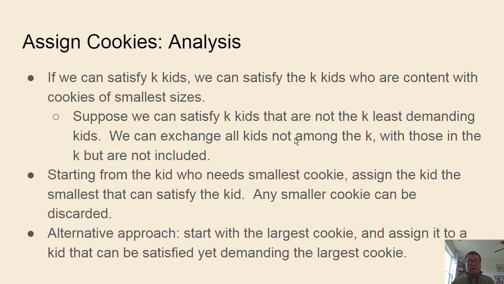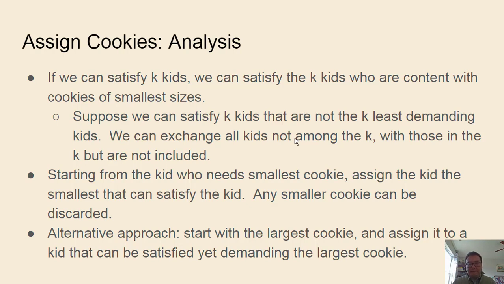We are saying we only consider the kids in the order of what they demand, smallest first, and this will guarantee to find the optimal way, because if you satisfy any other group of K kids, then by exchanging each of the kids who demand more with a kid who demands less, we will get a solution to satisfy the K kids who demand the smallest cookies. So we need to sort the kids based on this order. That's one hallmark of greedy: we sort and then process in some order.